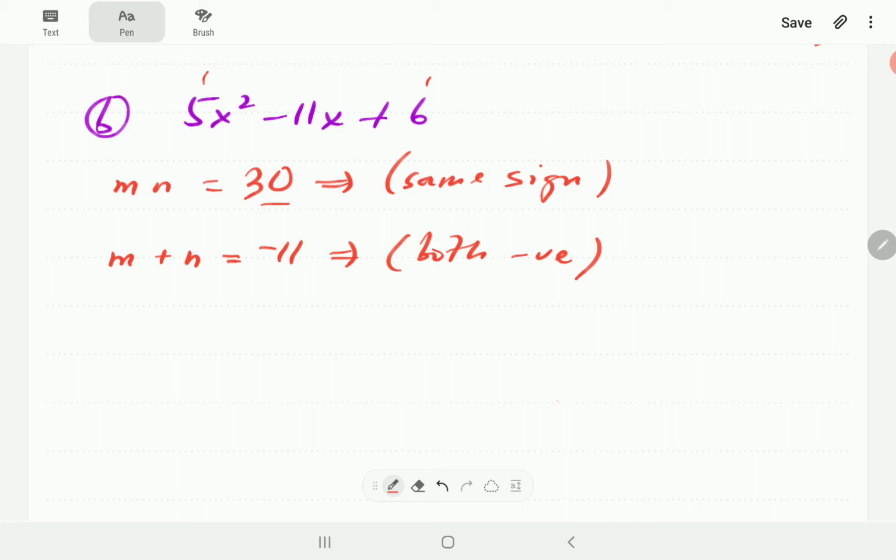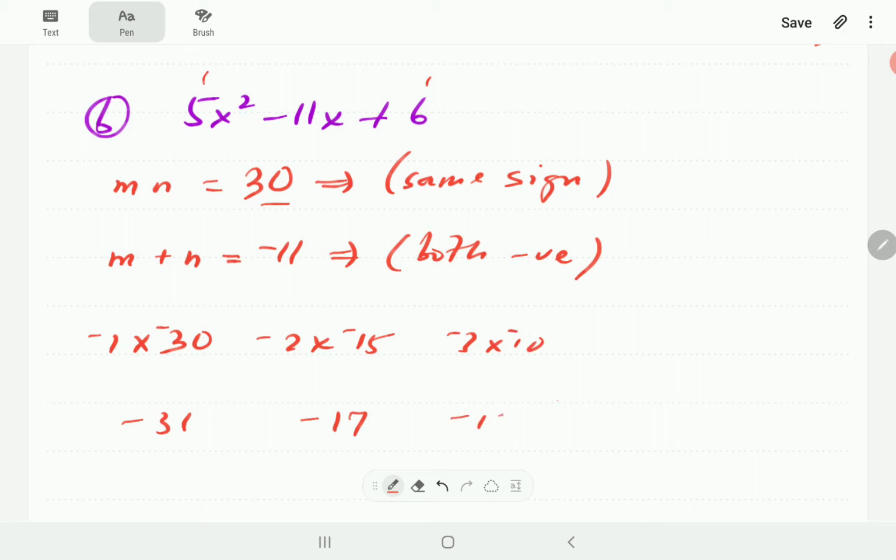Then what we do again is look through pairs of numbers that multiply to 30. So this is a systematic way of finding m and n. So we start with 1 and 30. They need to be both negative. And then when we add them here, that's going to be 31. So that's 1, 2 goes with 15. When we add this, it's going to be negative 17. 3 goes with 10.